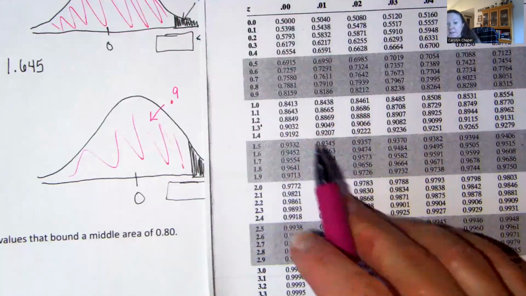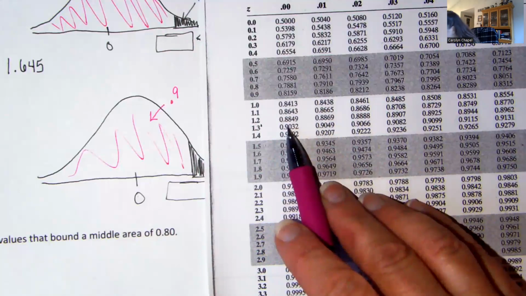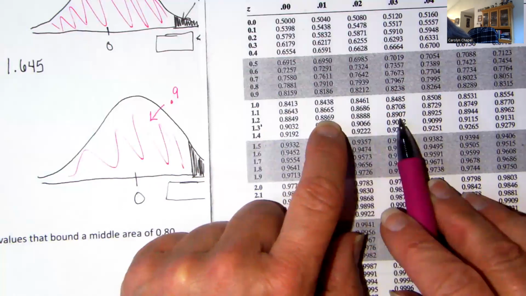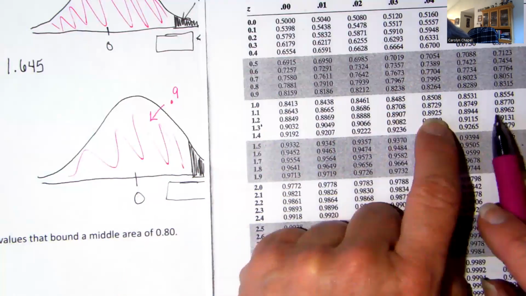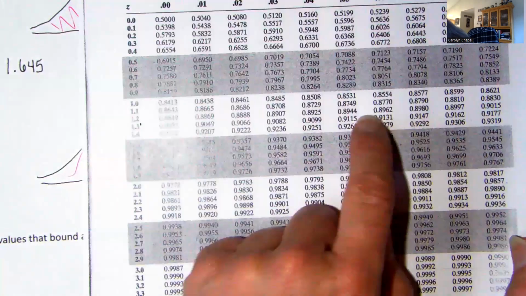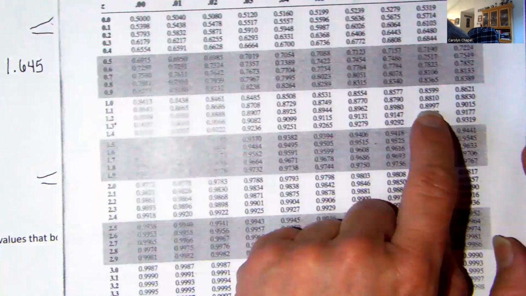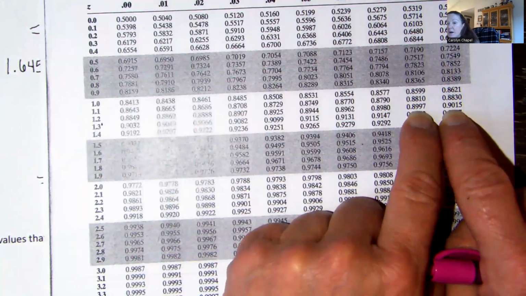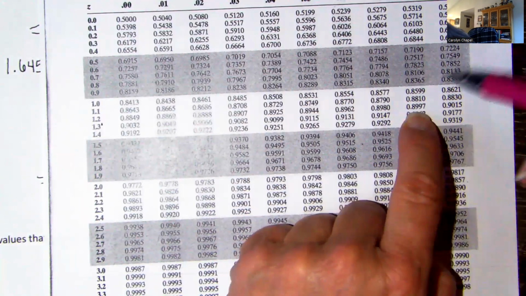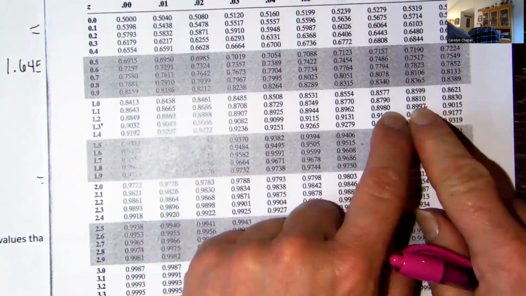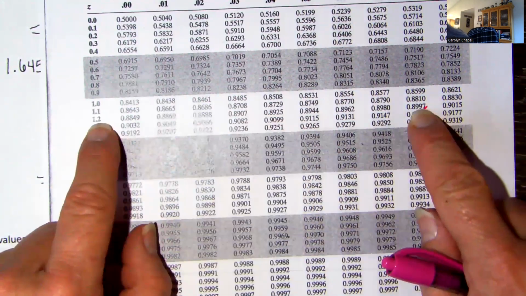And I'm kind of just glazing here, and here's a 0.903 getting bigger, so I better back off. 0.907, 0.8925, 0.8944, 0.897, 0.9015. The one that is closer to 0.9, which corresponds to 1.2.